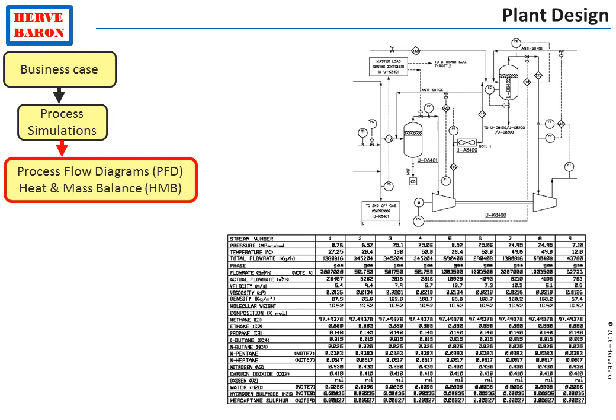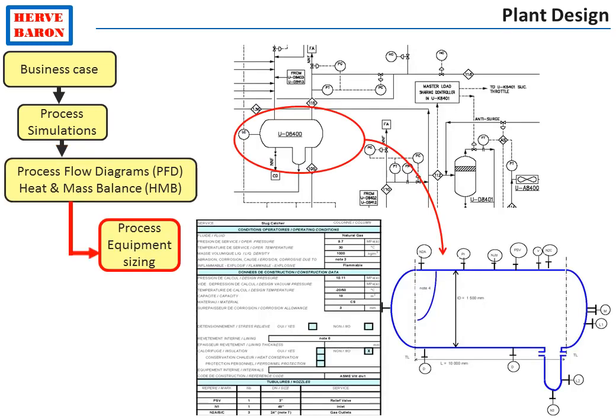The heat and mass balance allows to identify and specify the duty of each equipment. Process then performs the sizing of process equipment on the basis of the flow of fluids that are being handled in such equipment, the gas flow, the liquid flow.